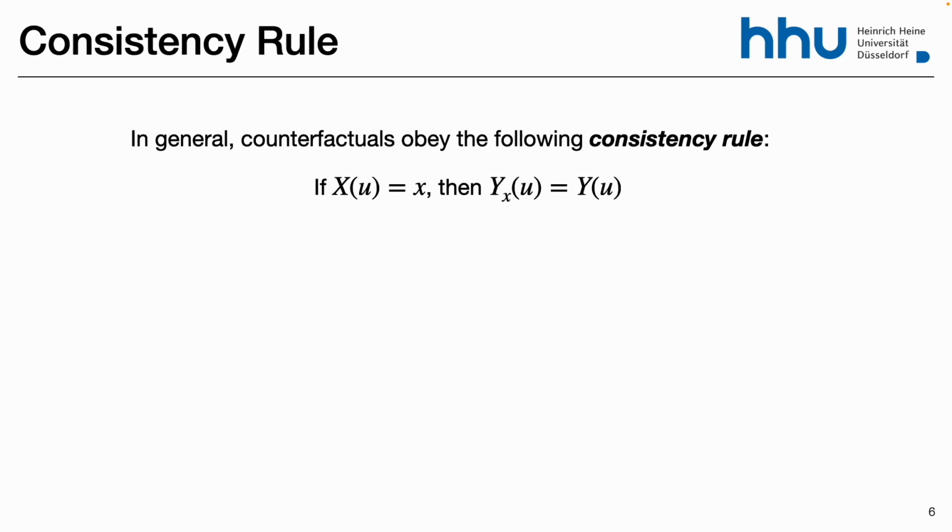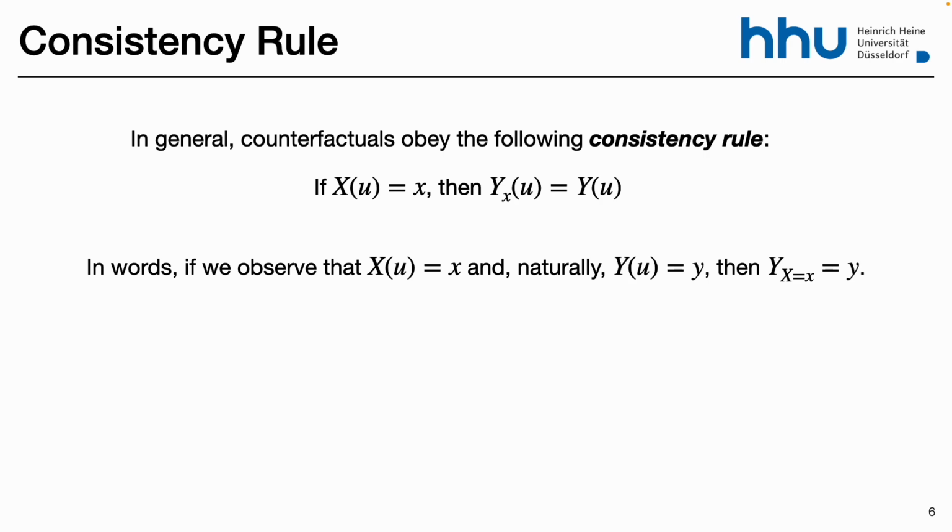So if a person was observed with X equals x, and this x was just naturally received, by chance, and for the same u this gives you the value small y for the variable Y, it doesn't matter if I give you the x by intervention or if you receive the x by chance. The variable Y has to have the same value y in the end.